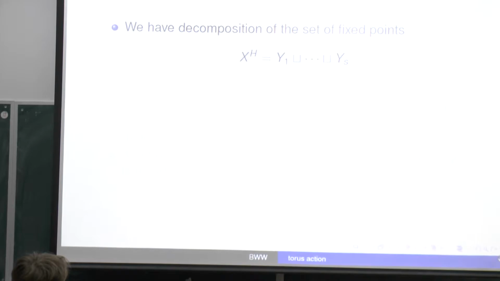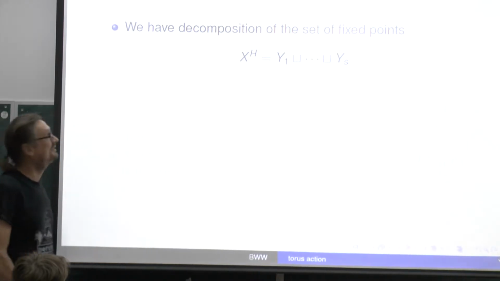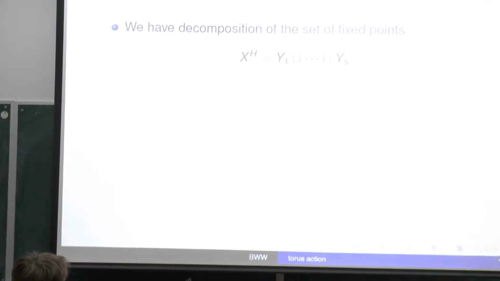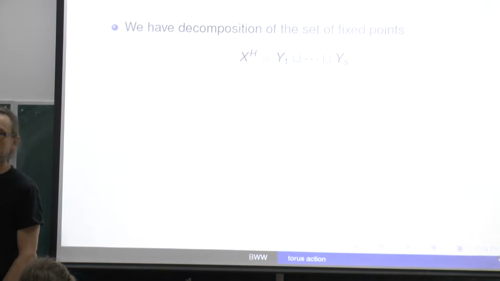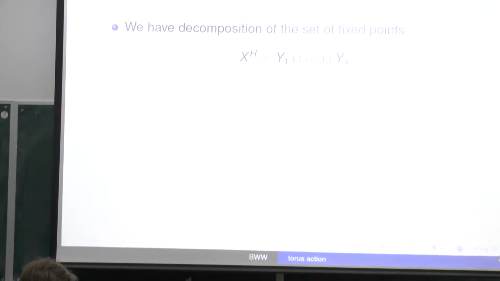The other side of the story is that I'm looking at the fixed point set of this action. It turns out that it decomposes into a finite number of components, and since I want to assume that X is smooth, by the Luna slice theorem, they will be just smooth subvarieties.